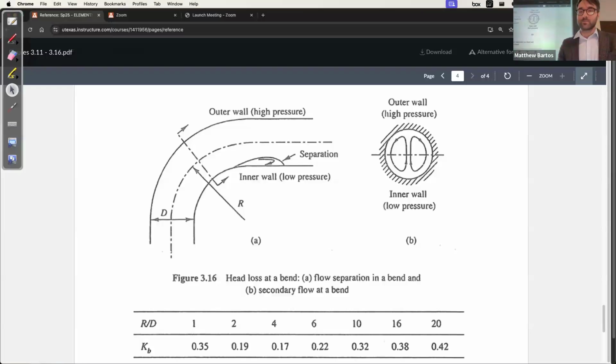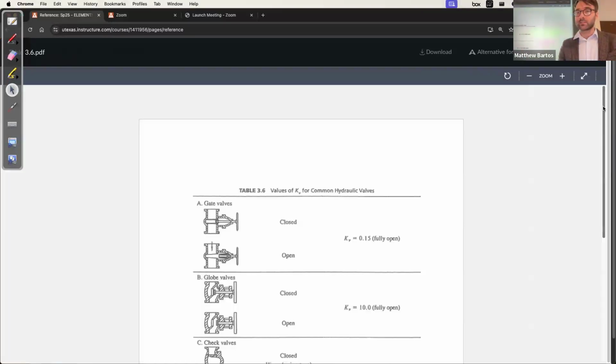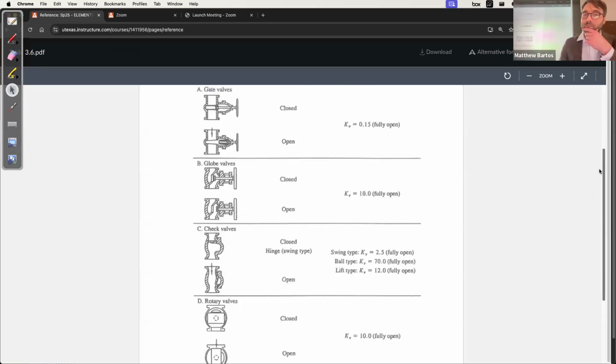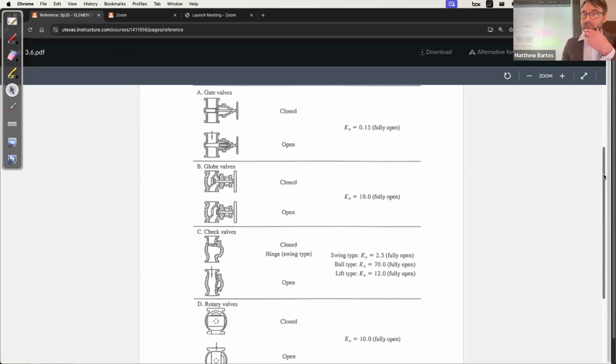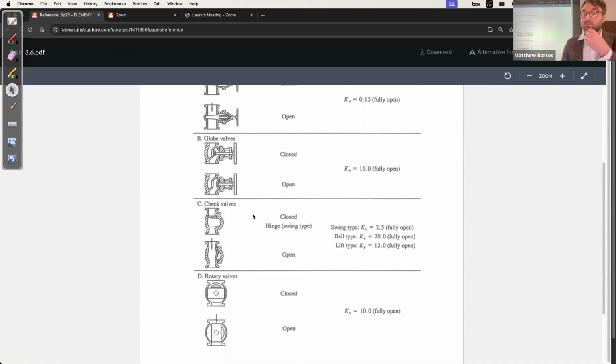So we can take a look at just what those valve loss coefficients might look like. And they have a pretty big range. So it depends on the type of valve. It can range from something pretty small for gate valves, on the order of 0.15, to pretty large. So for certain types of valves, like check valves, they can go all the way up to 70.